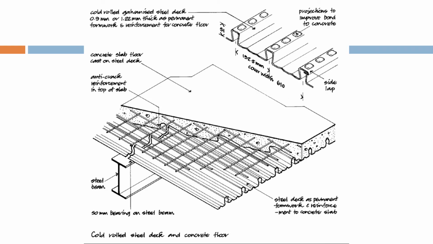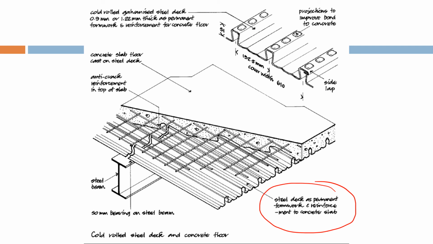Now this is another type of roofing that is also done for providing structural steel members and fireproofing in the roof. Here, the steel deck has been used as a permanent formwork.